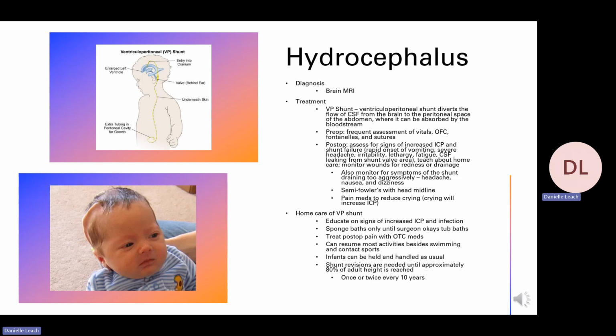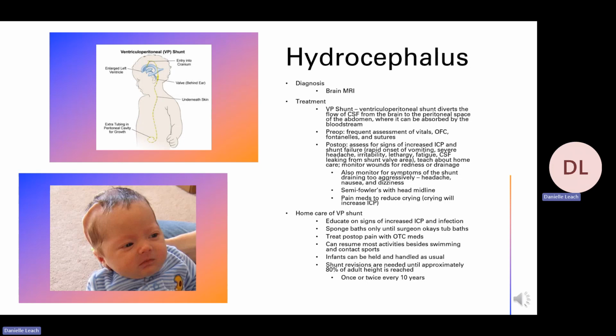Of course, we want to give them pain meds because they're probably going to be in pain, but we also want to reduce any crying that they may have because crying can increase their ICP. So if they are vomiting, we would want to give them anti-nausea medications. If they're in pain, we want to give them pain medications because we don't want them to be crying or vomiting. We don't want them to be coughing or things like that.